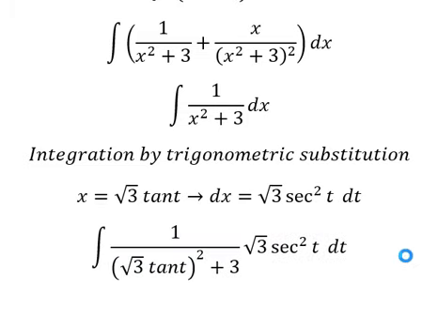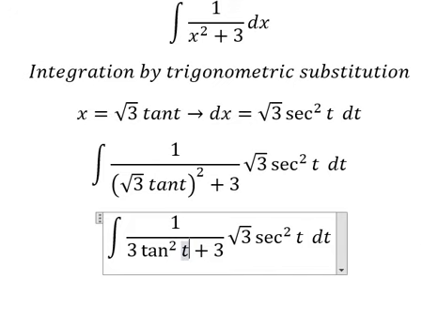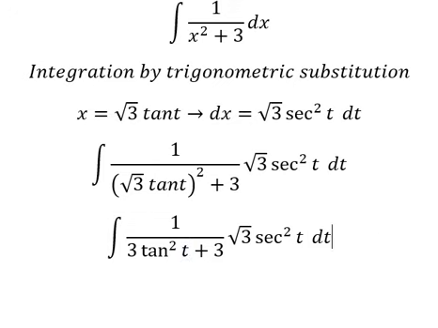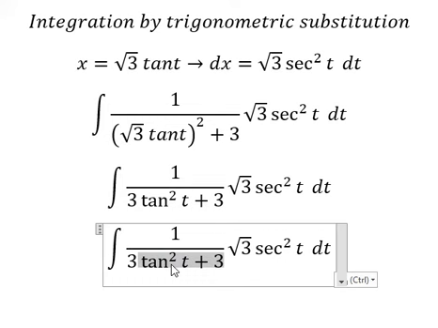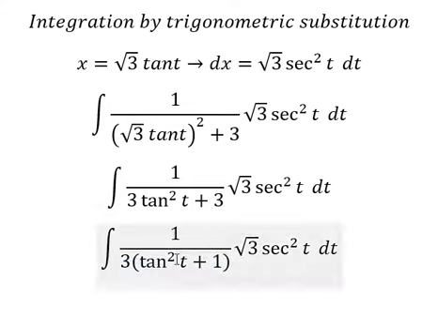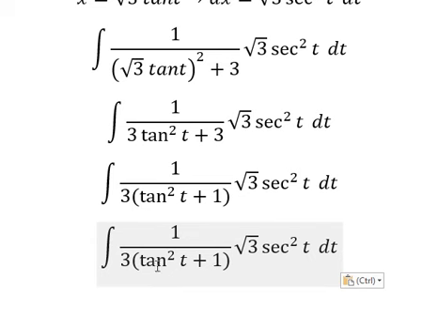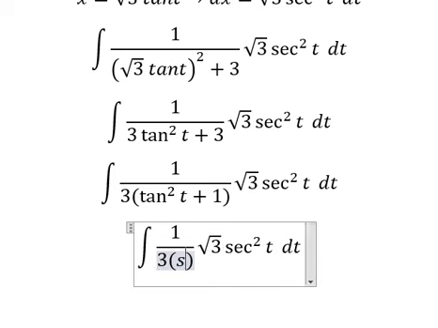So this one we have 3 tan t square plus number 3, we can do factorization. Tan t square plus 1, we change to secant of t square. This is about trigonometric identity.